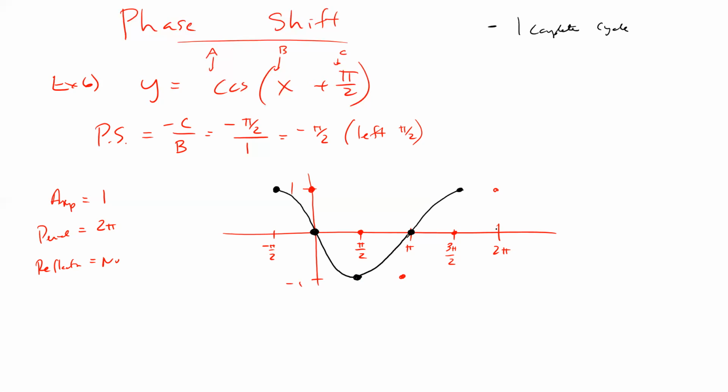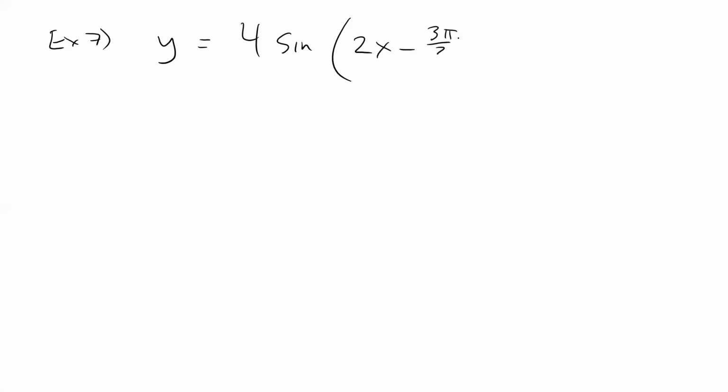A little bit more complicated. Ready? All right, exercise 7. Not by much, just a little bit here. y equals 4 sine of 2x minus 3 pi over 2.